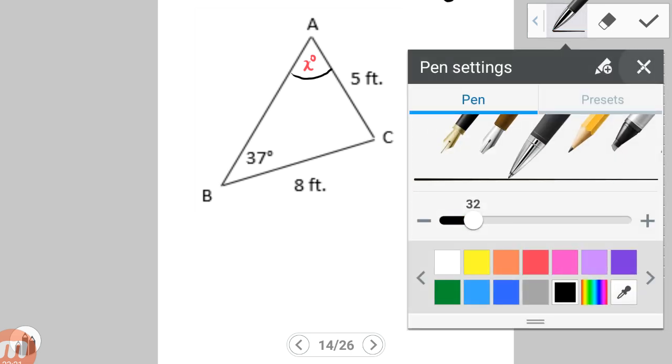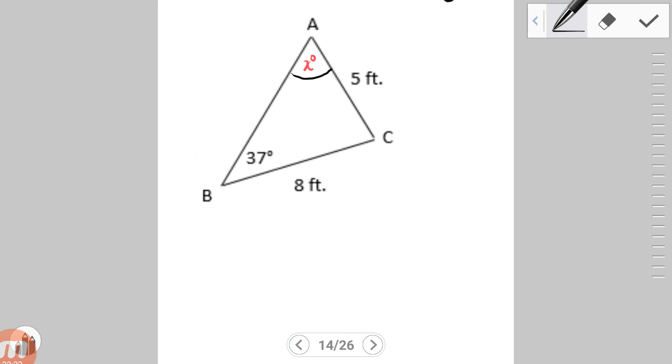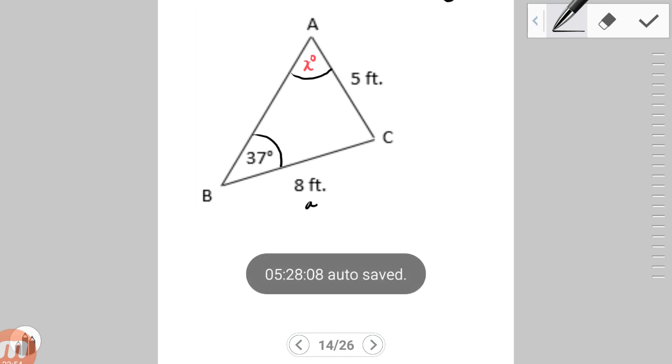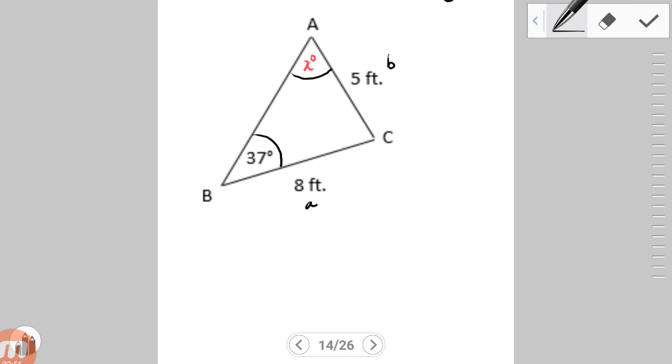So if that is the case, let's label our sides. We are fortunate that the diagram is labeled A, B, and C, so we can utilize it. This is angle A, so this would be small a, and this is angle B, so this would be small b.